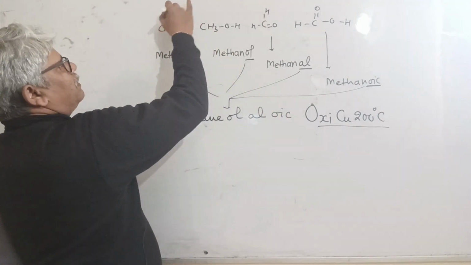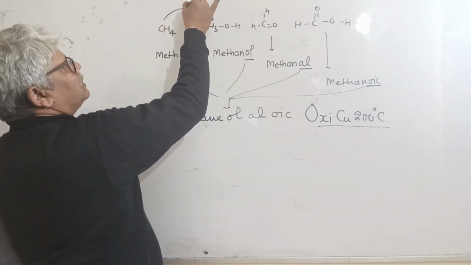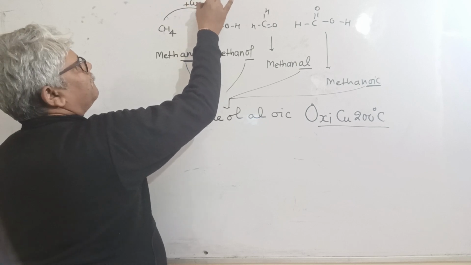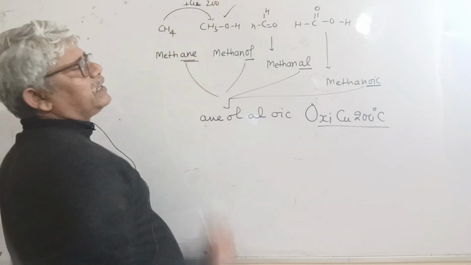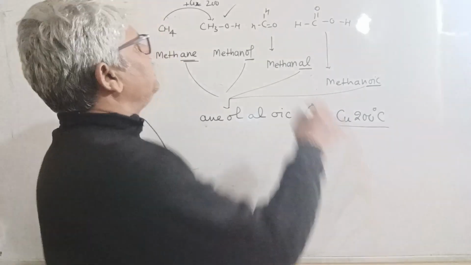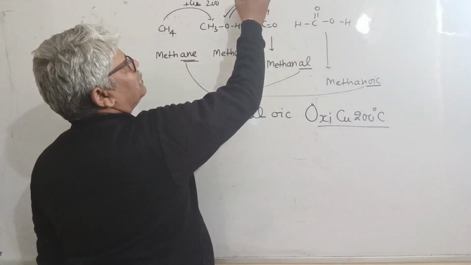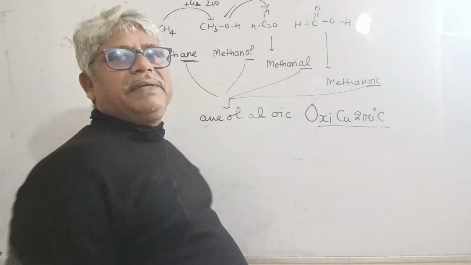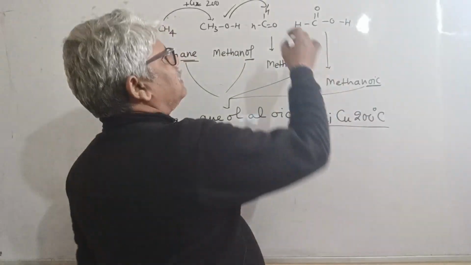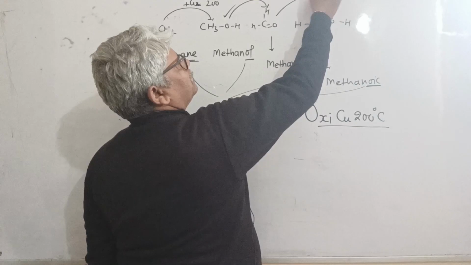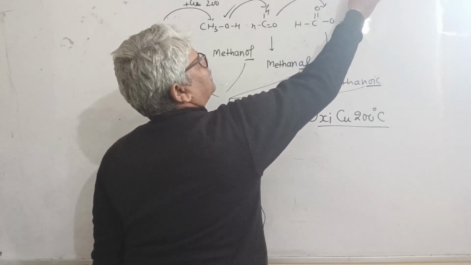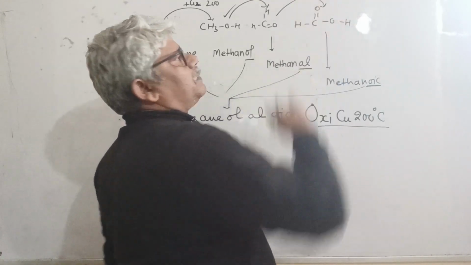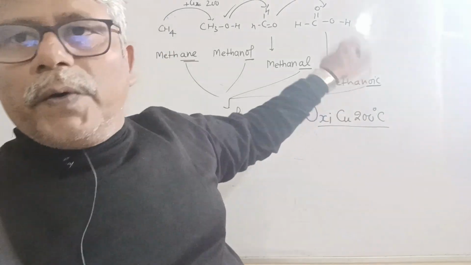If methane is heated in oxygen with copper at 200, it will convert to methanol. If methanol is heated in the same condition, it will convert to methanal. If methanal is heated in copper at 200 degrees centigrade in presence of oxygen, it will convert to oic acid.